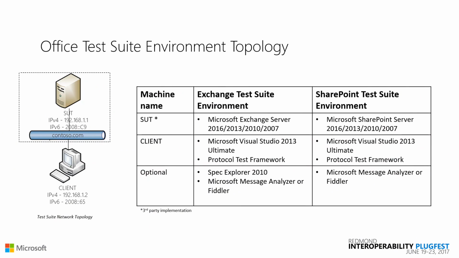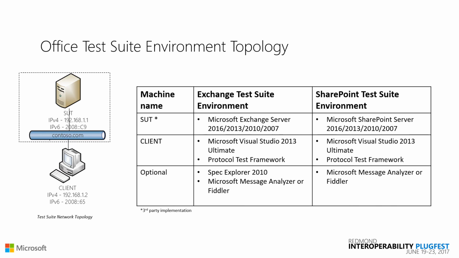So this is the topology of the Office test suite. We have two sets of test suite, Exchange and SharePoint. For Exchange, we support 4 versions of the server right now. And on the client, we are using Visual Studio and Protocol Test Framework, which is also used in the Windows test suite as well.